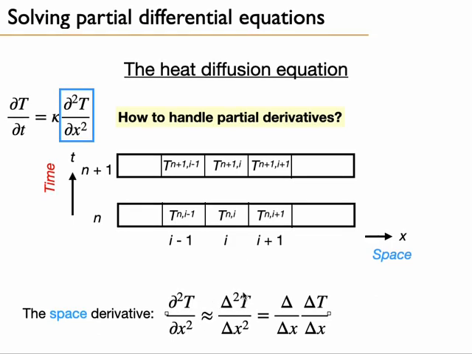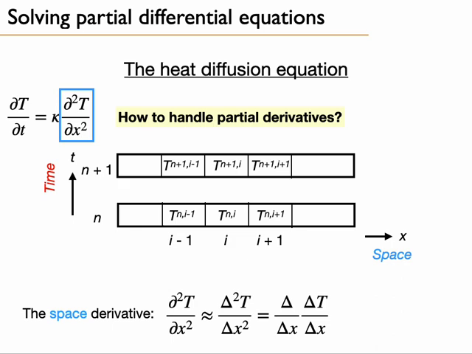We will approximate the second order derivative as the derivative of a derivative. So we know how to compute dT/dx, and to this dT/dx we will compute the difference of dT/dx scaled by delta x. So we will apply a difference to something which is already a difference. We take the derivative twice.